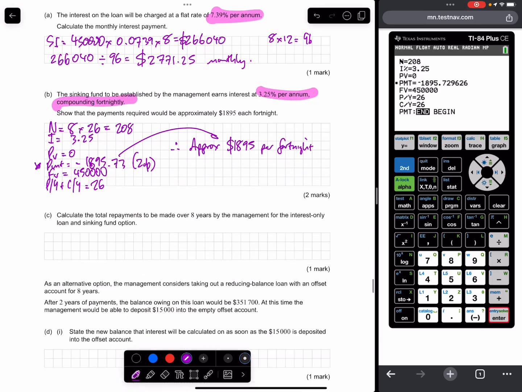Calculate the total repayments to be made over 8 years by the management for the interest-only loan and sinking fund.